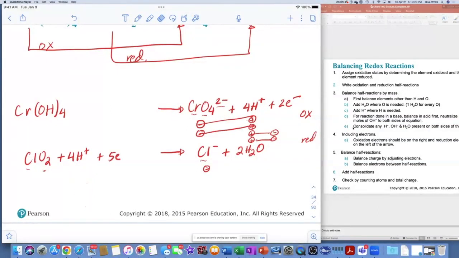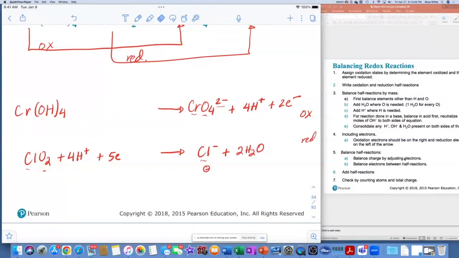Okay. So now my charges should be balanced and so should my half reactions, right? And the atoms. Now I'm going to go through here and it says balance half reactions by adjusting electrons. So for this part here, I'm going to multiply the first reaction by 5.